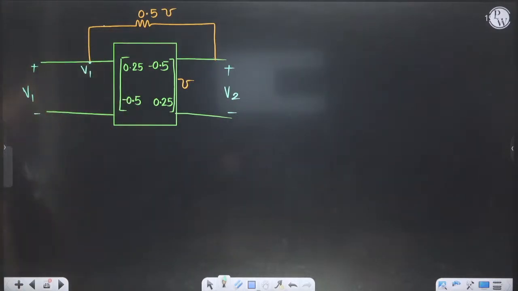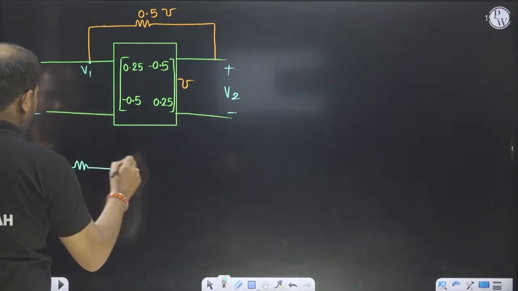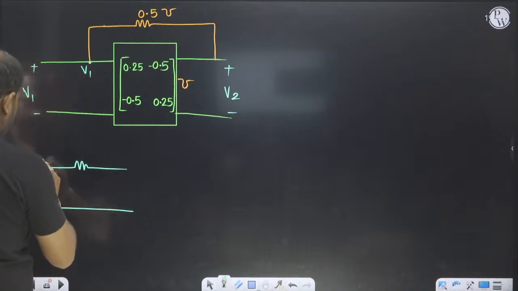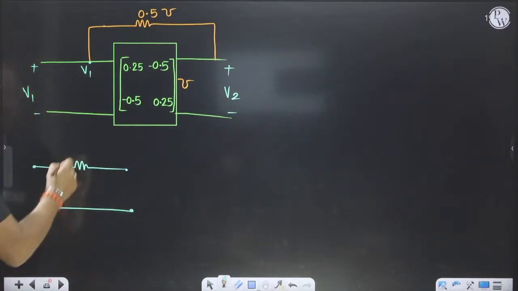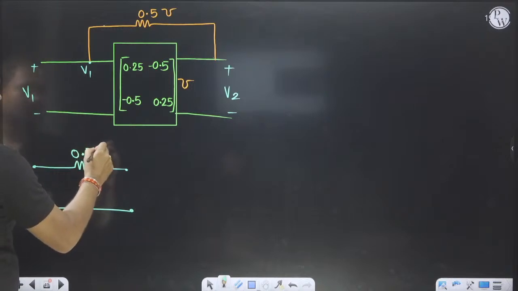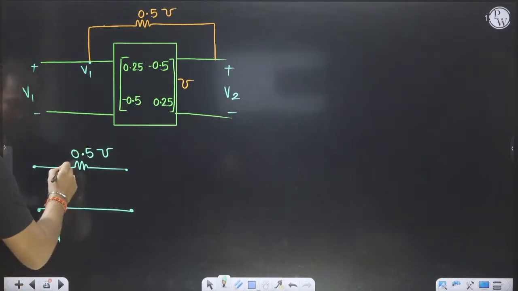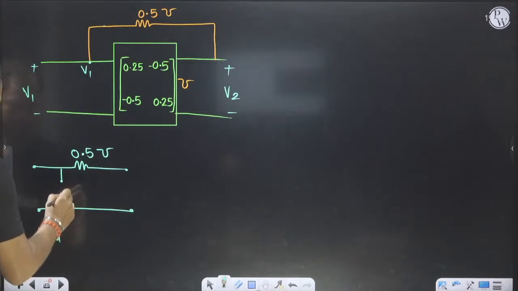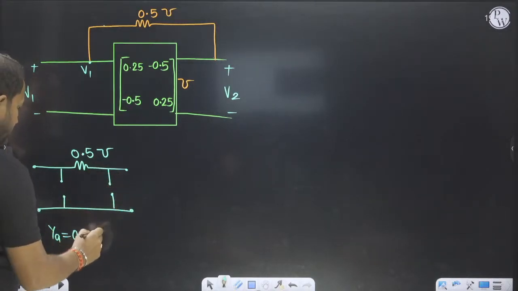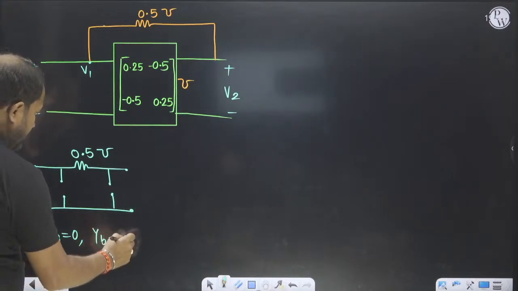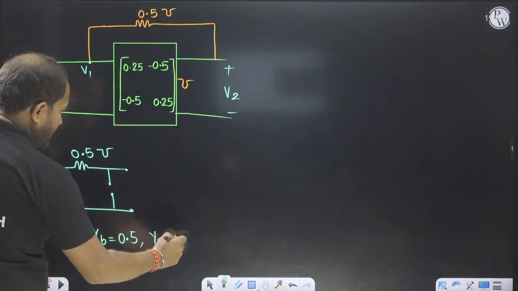So what we will do, we will find out. First, the top one is a series network, 0.5. So here YA is open circuit, so YA is 0. YB is 0.5 and YC is 0, open circuit.